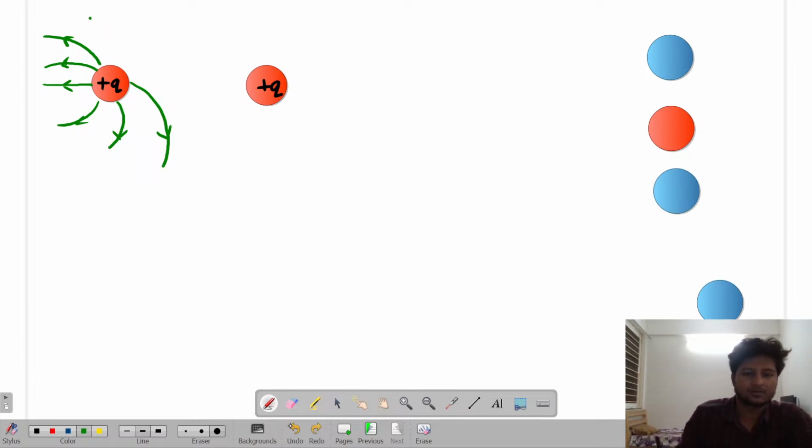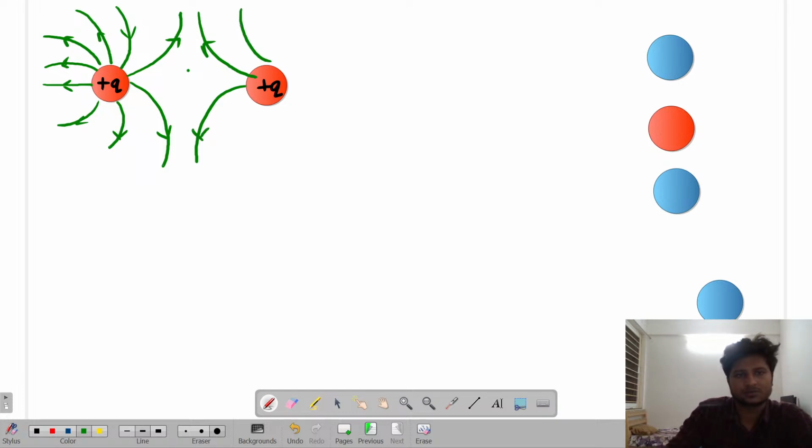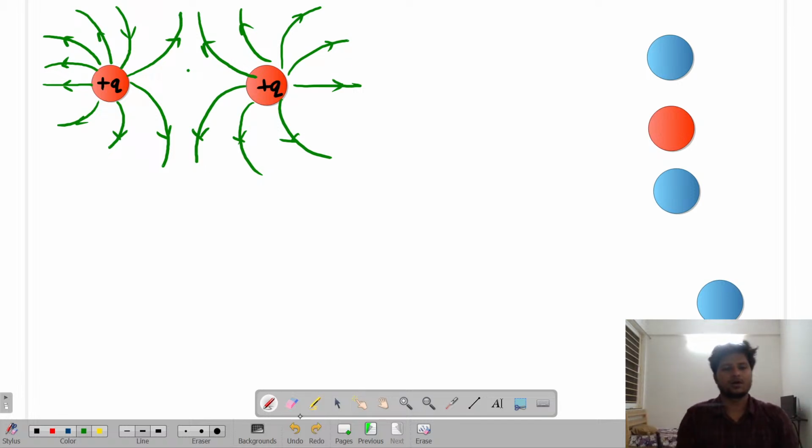What you are going to observe is that these field lines are emerging, but they are of which kind of nature? Repulsive in nature. And that's why they become curved. Are you able to get me or not? So this happens for a pair of similar charges which are positive in nature.